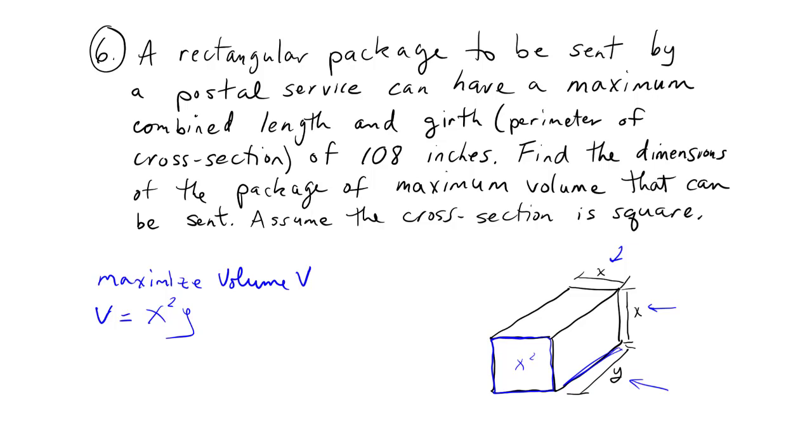And do we have any restrictions? Well, yeah, I can have a maximum combined length and girth of 108. This length is y, so what we have is y plus the perimeter of the cross-section. That's x plus x plus x plus x, so that's 4x, and y plus 4x is 108.